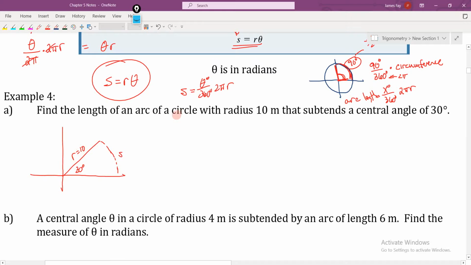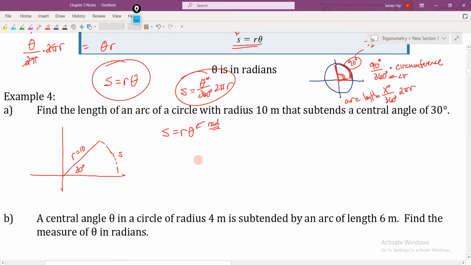Now you can be a person that says, I'm going to do it in degrees because the problem was in degrees, using the formula provided in the box. But remember, theta has to be radians.